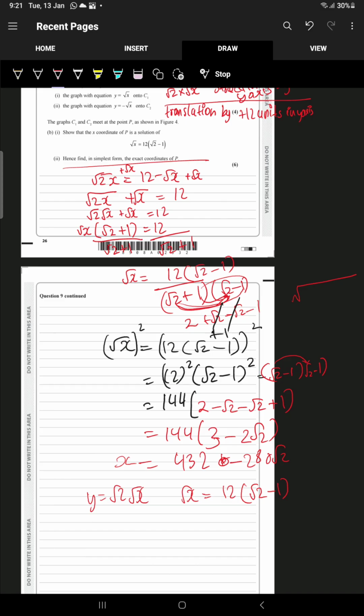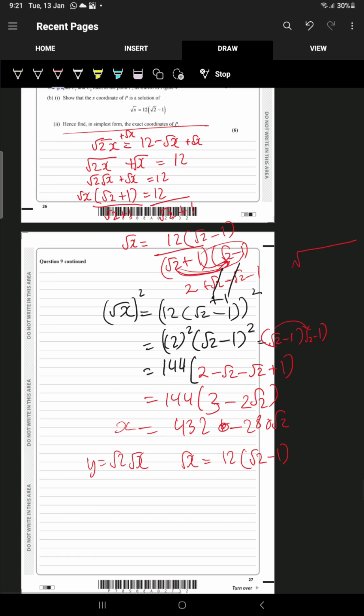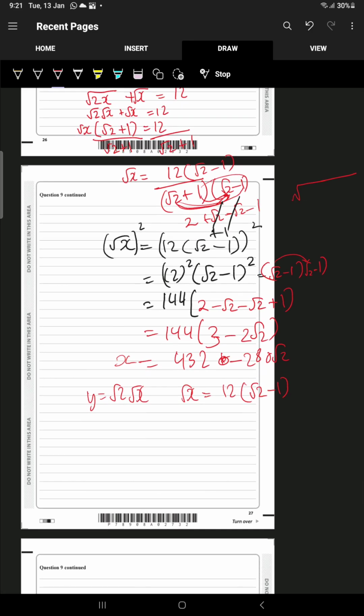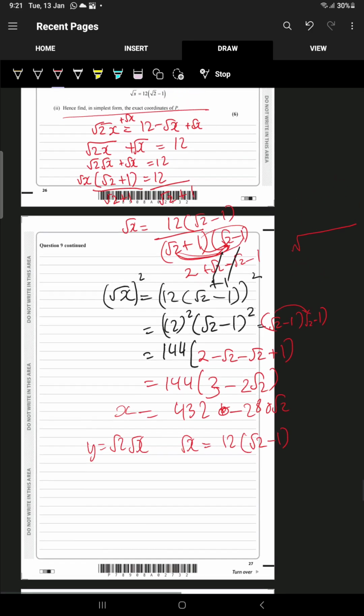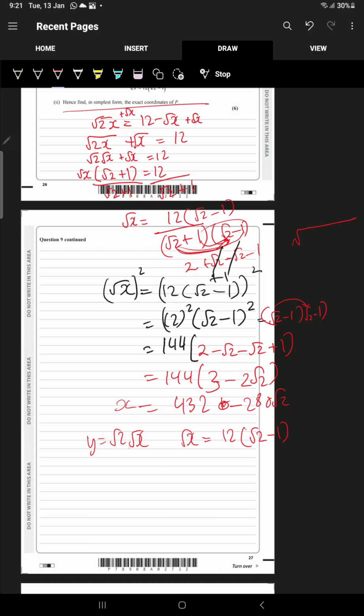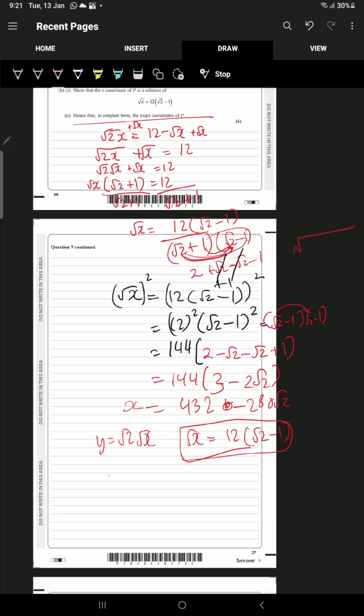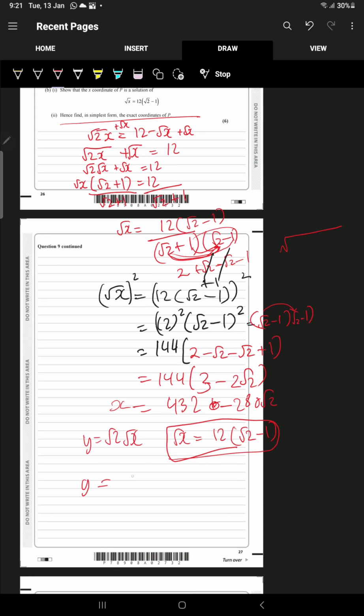So instead, I just split it up, root 2 and root x, and we already know that root x is this, so we can just sub it in here, times 12 root 2 minus 1. All right, so 12 root 2 is equal to root 2 minus 1.